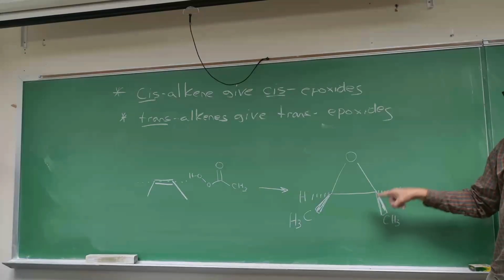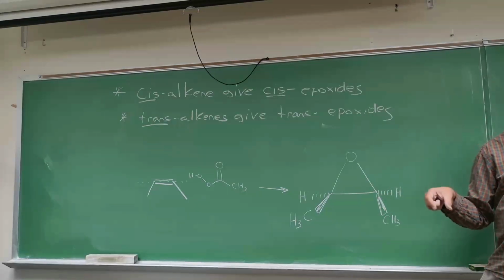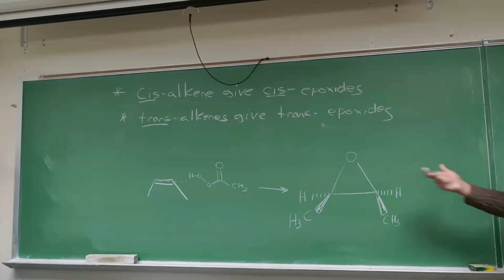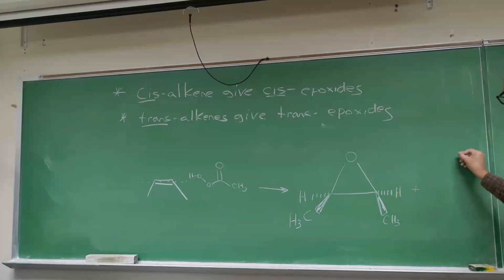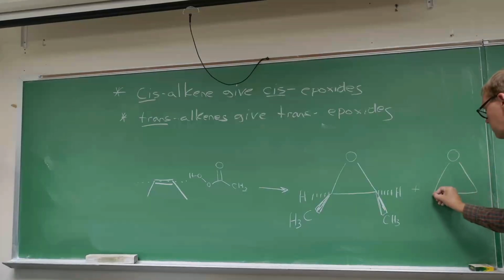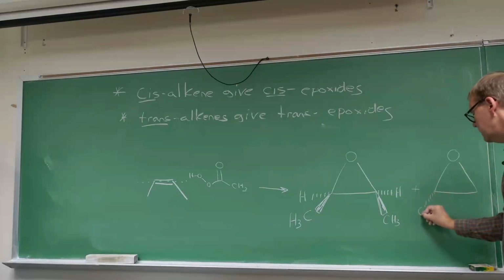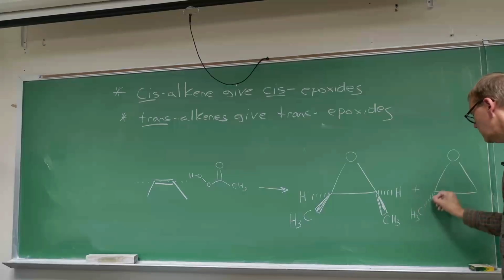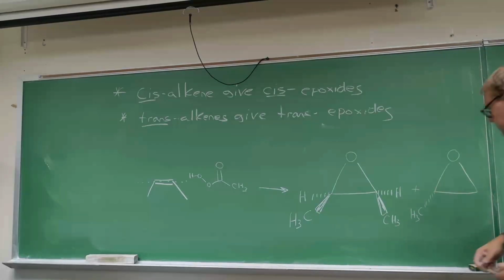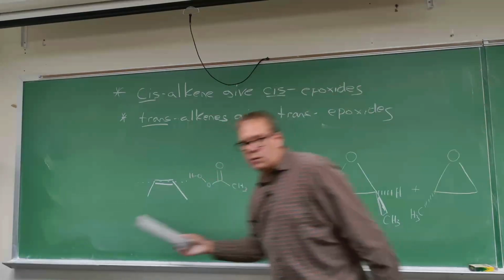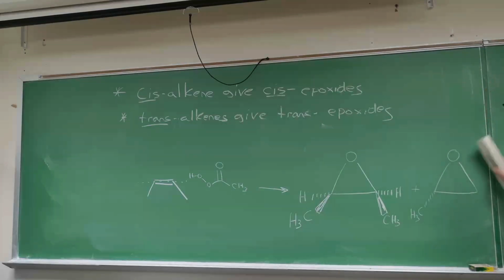Now there are two faces that the peroxy acid can approach. This is one of the two possible products. The other one: if the other face of the alkene got attacked, if the peroxy acid approached from the other direction, there would be this product. I'm going to slide this over a little bit so it doesn't get quite so smushed.